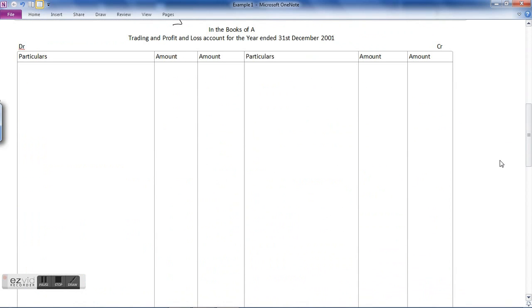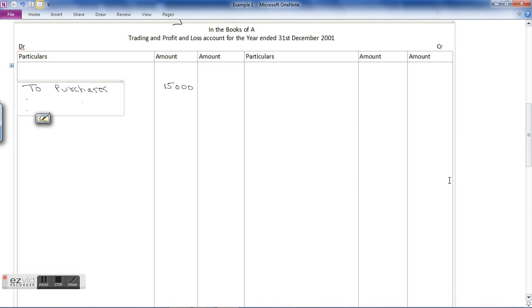We have prepared a combined trading and profit and loss account here. So to purchases. Since there are some adjustments to be done, we are putting it in the inner column. Keep some space here for the adjustment.